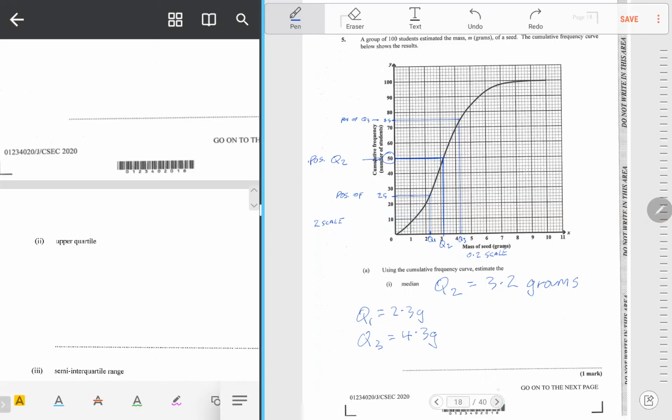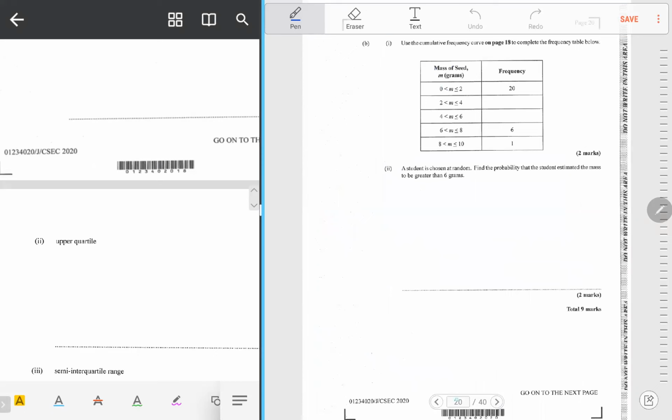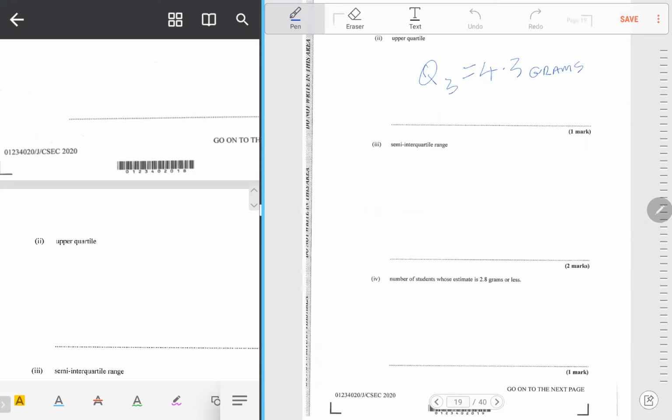On the next page we're going to write the interquartile range. First we're going to get the interquartile range. The interquartile range is Q3 minus Q1, which equals 4.3 minus 2.3, which is equal to 2 grams.